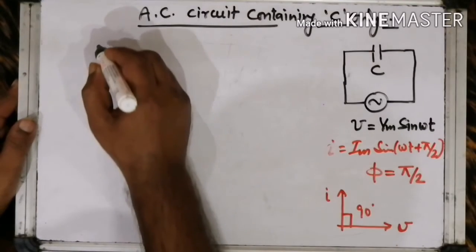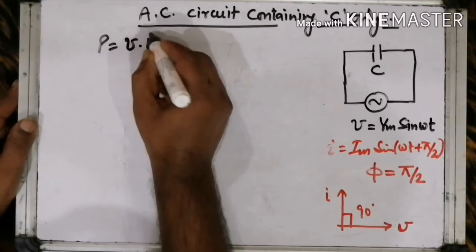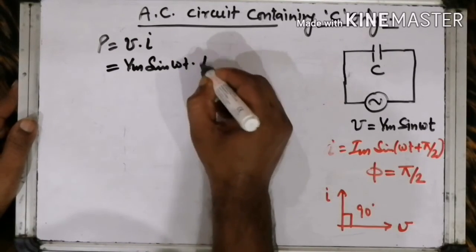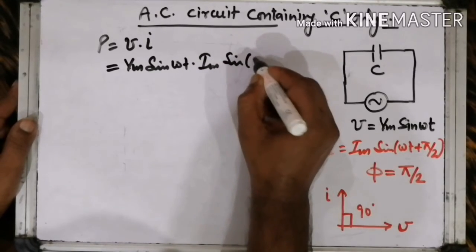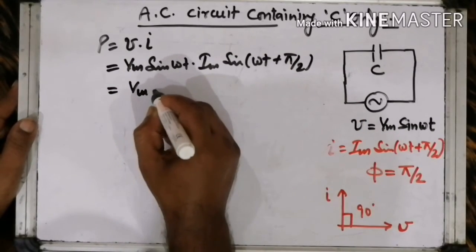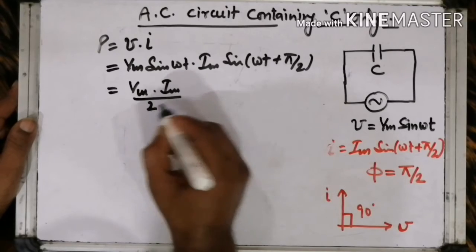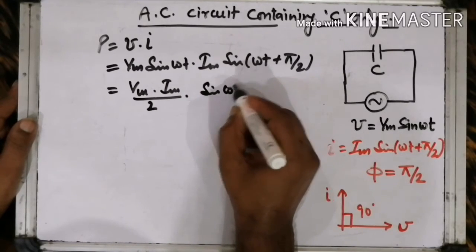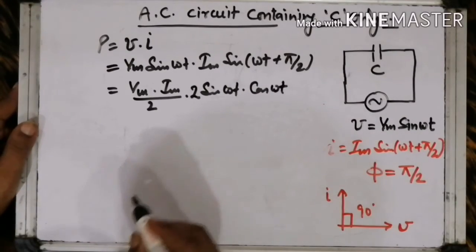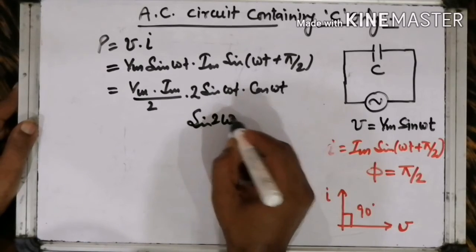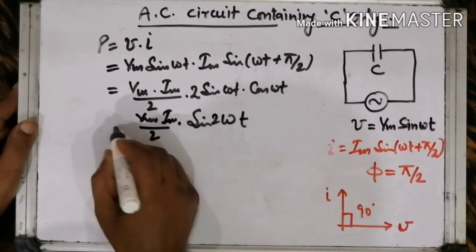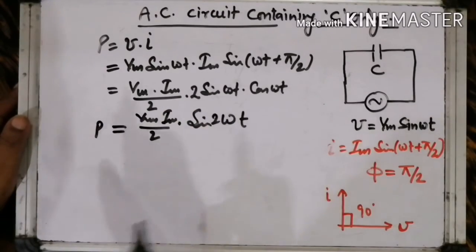The instantaneous power P is equal to V into I, that is V maximum sin omega t into I maximum sin omega t plus pi by 2, right? It becomes V maximum I maximum divided by 2 into 2 sin omega t cos omega t. It becomes V maximum I maximum divided by 2 into sin 2 omega t, which is the instantaneous power.